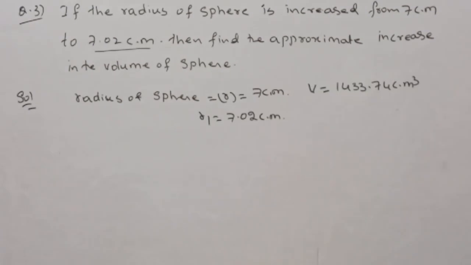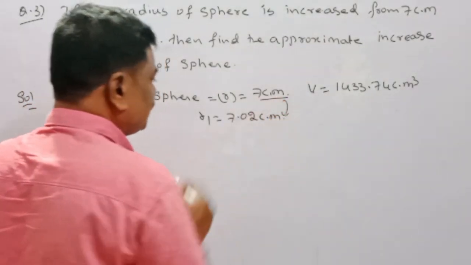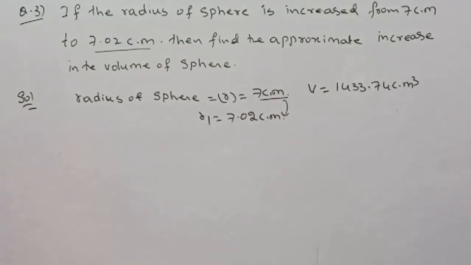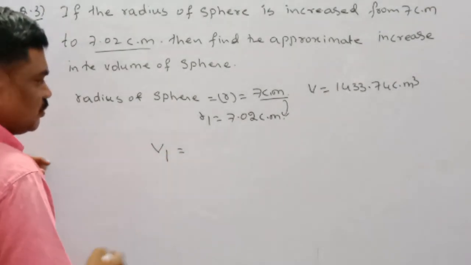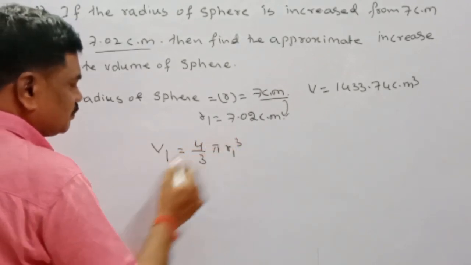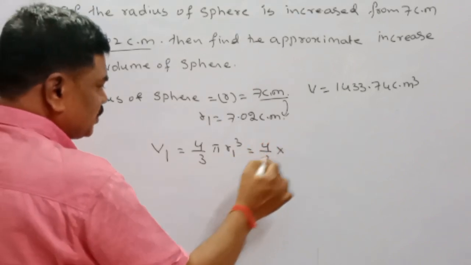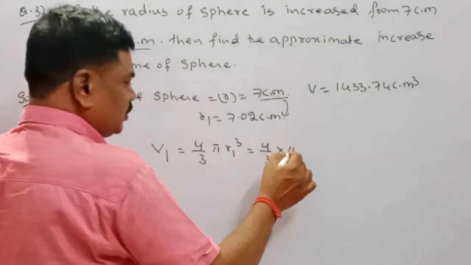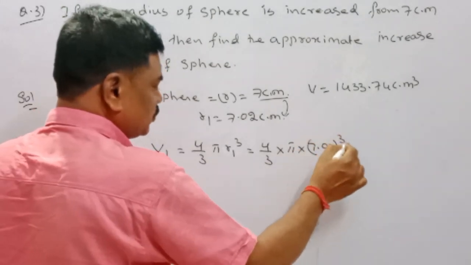Then here the radius is increased from 7 centimeters to 7.02 centimeters. Then what is the new volume? V1 is equal to 4 by 3 pi r1 cube. So this is 4 by 3 into pi into r1 cube, 7.02 whole cube.